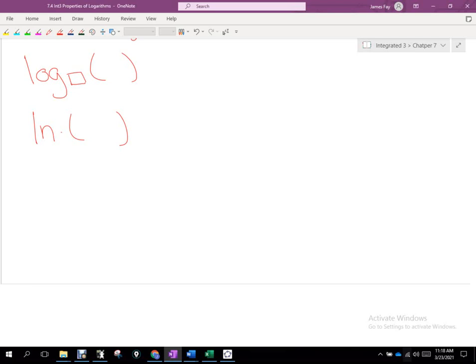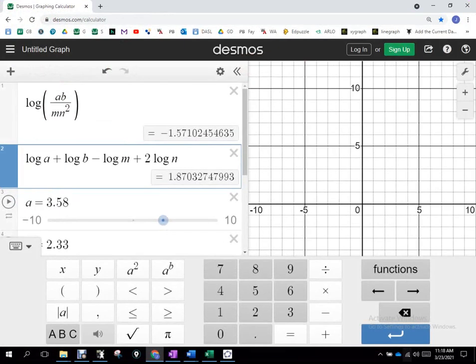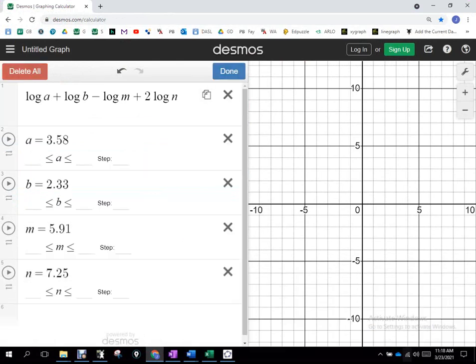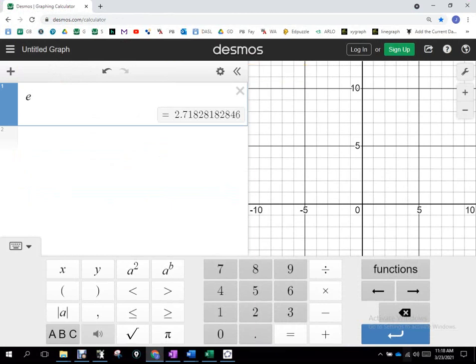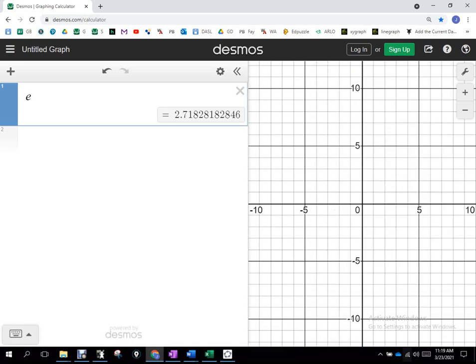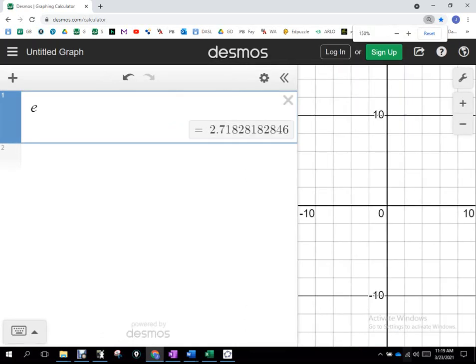And what he found out is that it generated a number like pi, but the number we call e. It's like pi because it's irrational. It is that number right there, 2.71828182846. That goes on forever, never ends, never repeats.